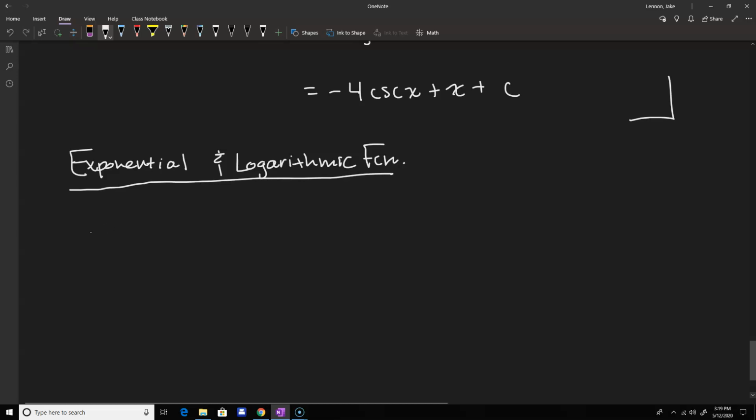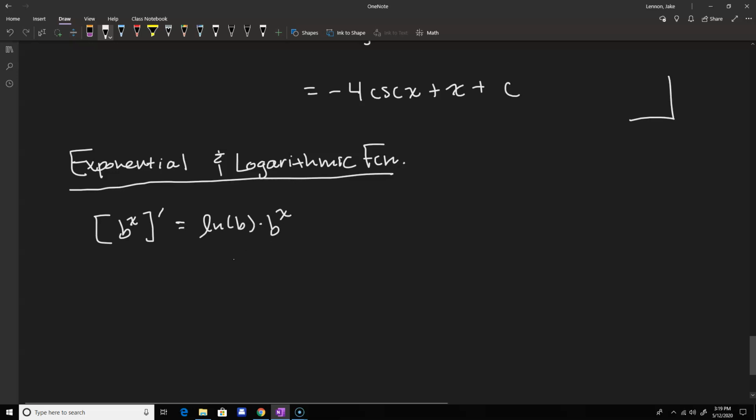So if we think about the derivative of the exponential function, there's two derivative formulas for exponential functions. You have the derivative formula for standard form, say b to the x, that has derivative natural log of b times b to the x.